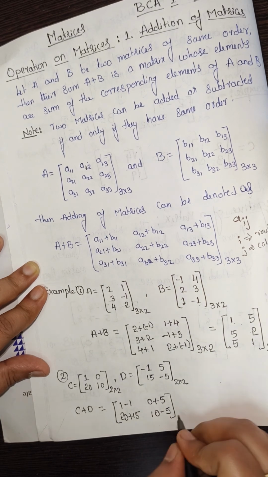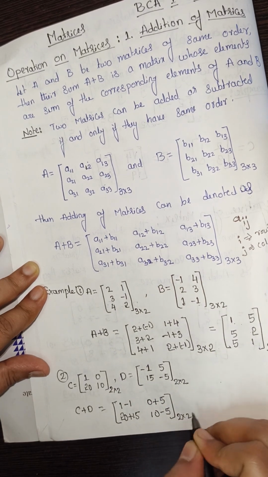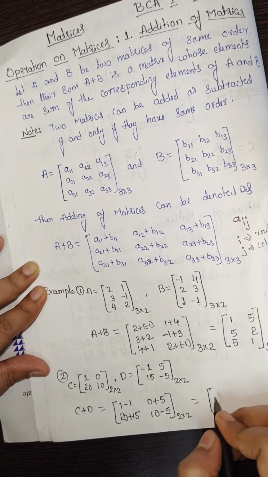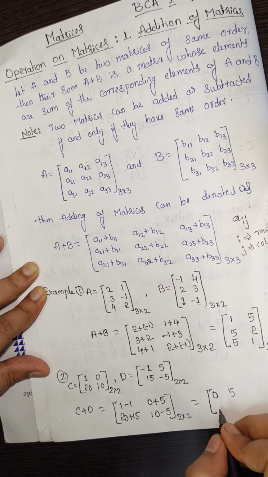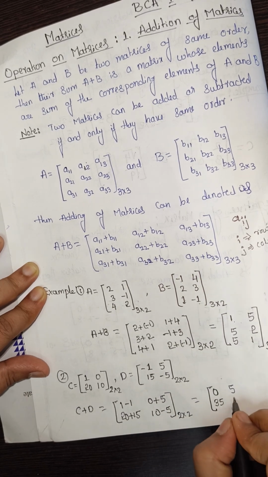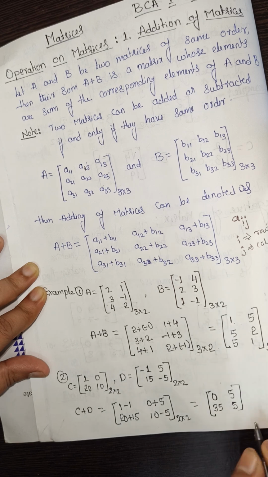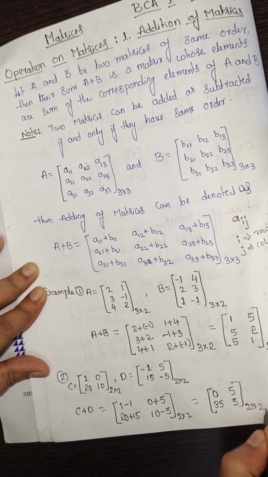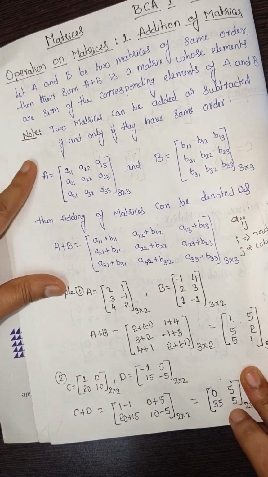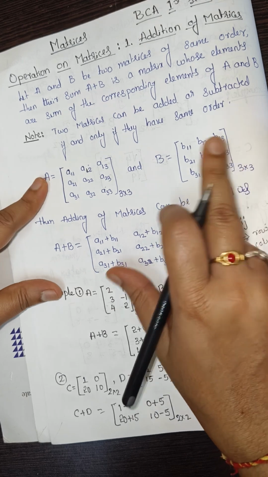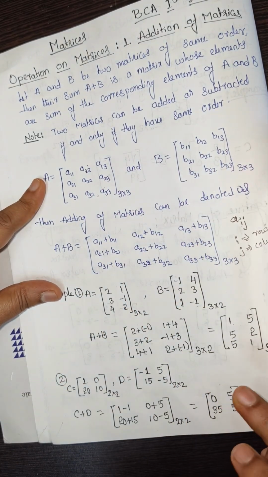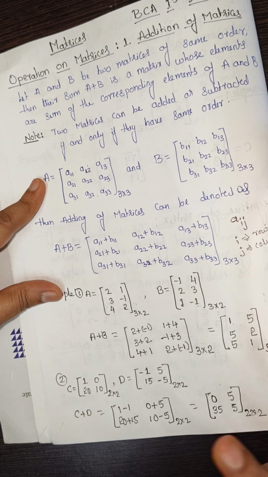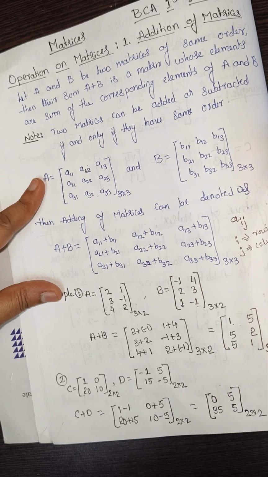So 1 minus 1 is 0. 0 plus 5 is 5. 20 plus 15 is 35. 10 minus 5 is 5. The resultant matrix is 2 by 2. Hope all of you understood that for addition of matrices we need to add the corresponding elements only. We will see more examples after the completion of concepts.